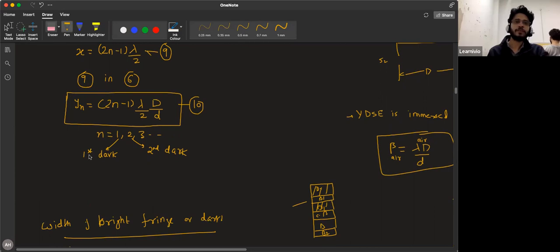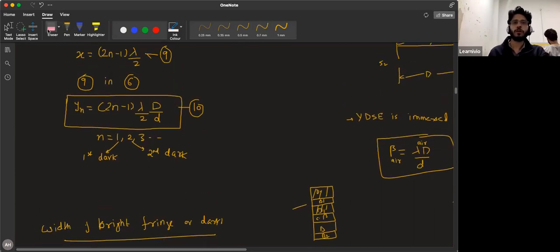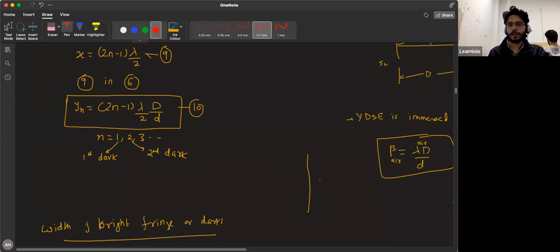Now the next task is to calculate the width of the fringe. See, all these fringes are alternate. If this is the screen, I call this the central bright fringe, a very, very thin fringe. It's just like a line. The shape will depend upon the slit. If your slits are point-size slits, then it would be a hyperbolic shape, so we consider it as a line.